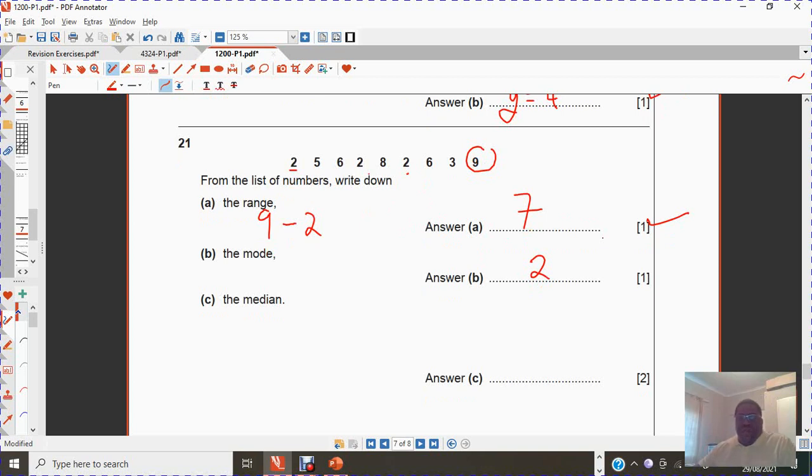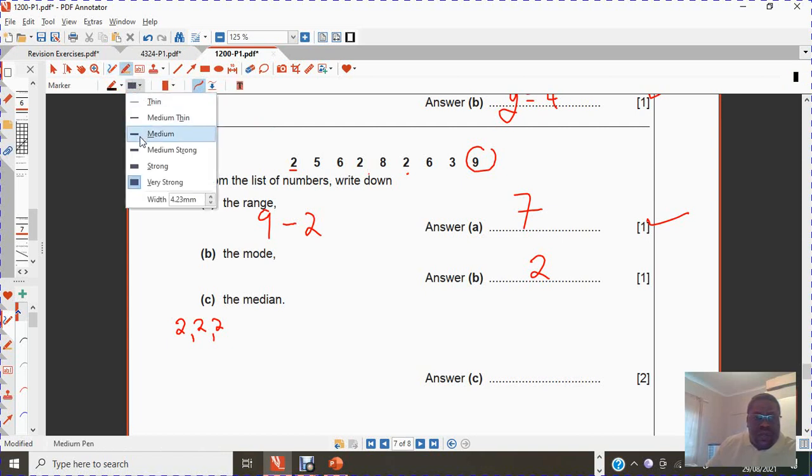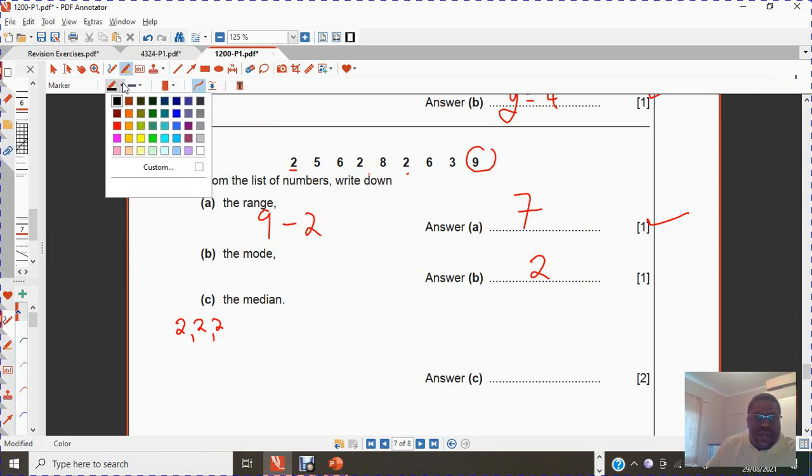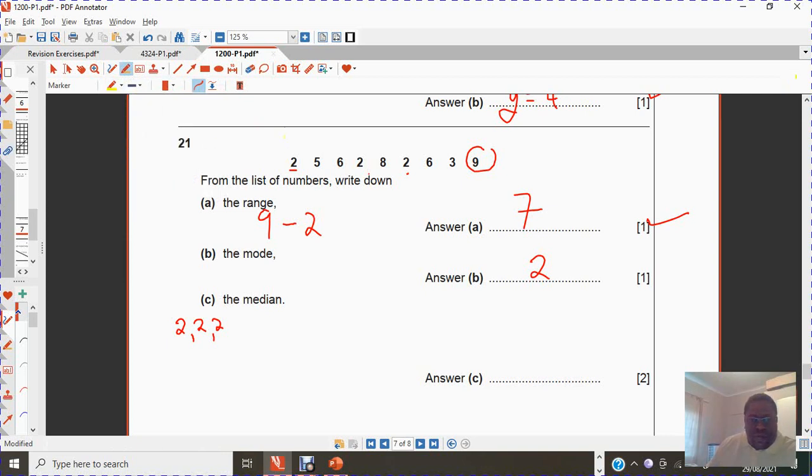The median is the middlemost number, so maybe we have to arrange. So let's arrange. We have got 3 2s. Just to highlight what I have: I have a 2, I wrote it, cancel it out.